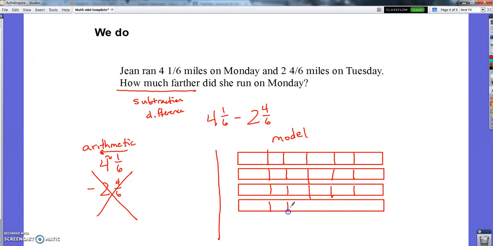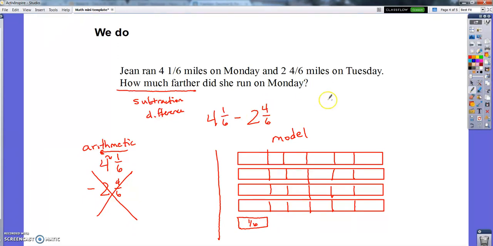So there's my 4 wholes, and I also have 1 more 6th. Alright, so there's my 4 1/6, and so I need to take away 2 wholes and 4/6.